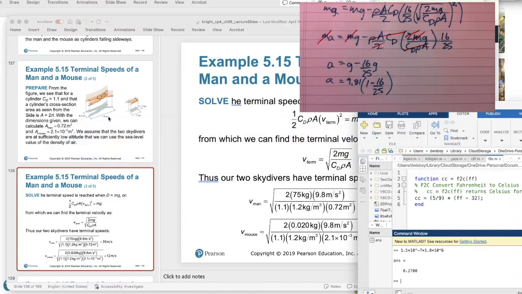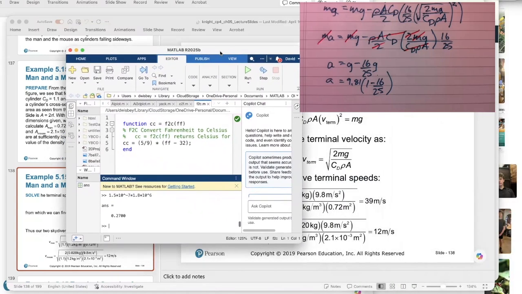So we're going to throw this in MATLAB. 1 minus 16 over 25. Oh, no, that ain't right. We've got to put the multiply sign there. You've got to throw that in MATLAB; they don't like it if you don't do it.